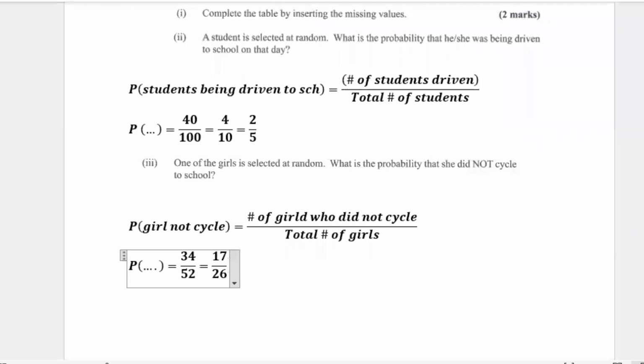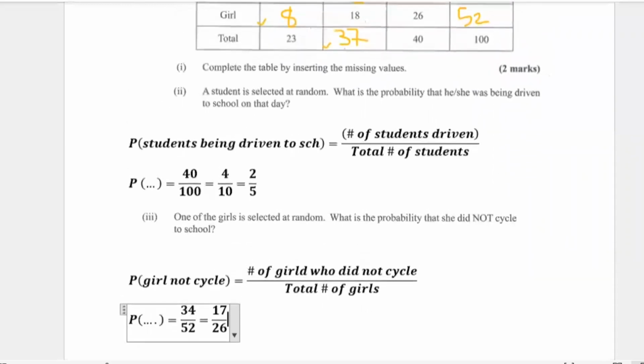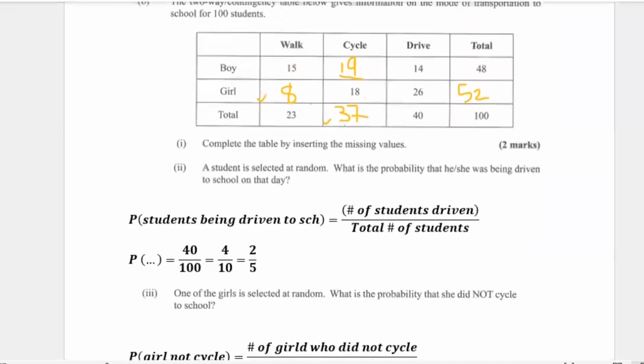So these are our answers. Janelle, we're looking at the total number of students, the probability that a girl did not cycle to school. Remember, there are 3 modes of transportation: walk, cycle, and drive. So if she did not cycle to school, it meant that she either walked or she was driven. Because I want the probability that she did not cycle. So if she did not cycle, she took one of the other modes of transportation.